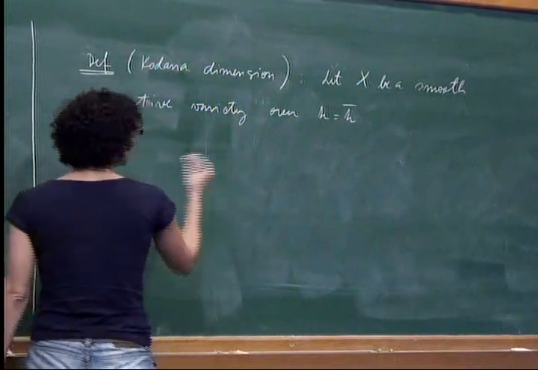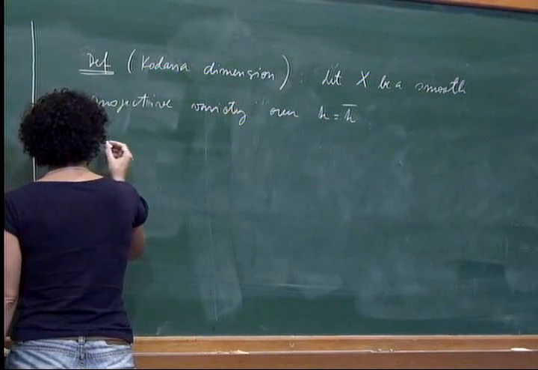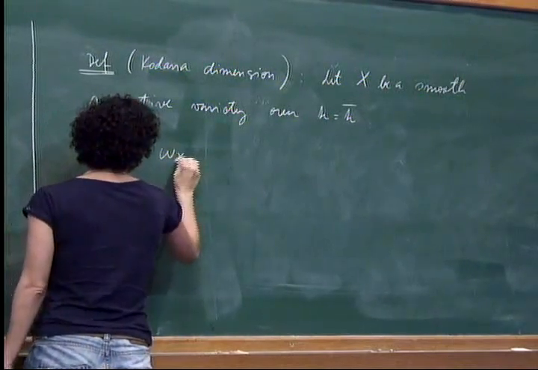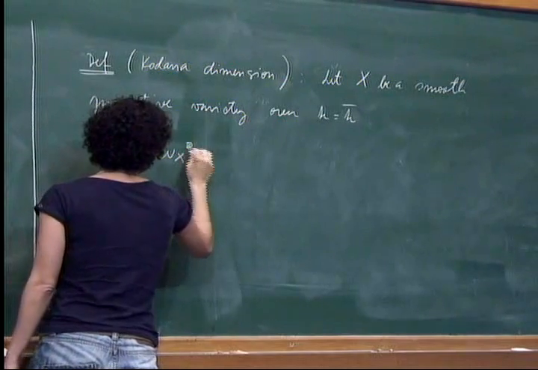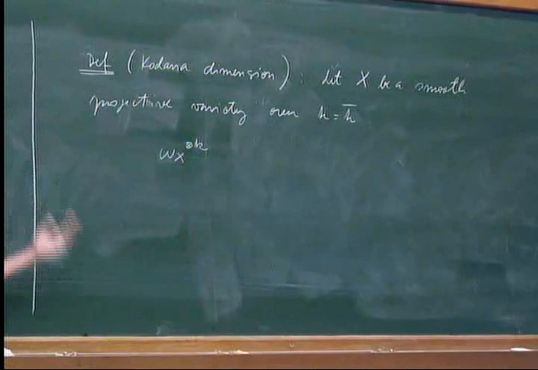So we have the canonical class of X. And what we can do is look at the sheaf omega_X tensored k times, for any positive integer k.